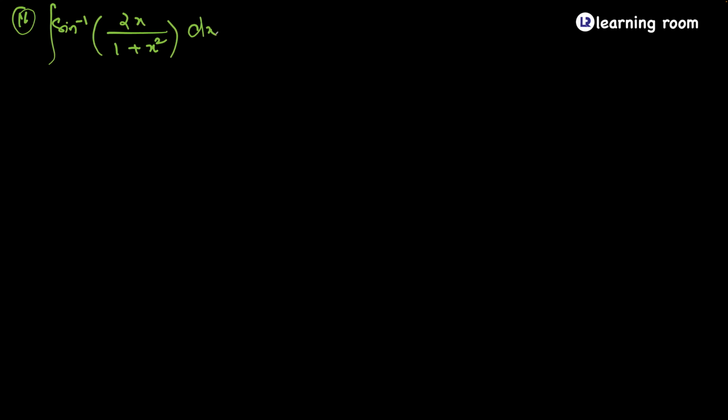Sin inverse of 2x divided by 1 plus x square is 2 tan inverse x, from inverse trigonometric functions. Or you can go with substitution: put x is equal to tan theta, dx will be equal to secant square theta d theta. So the integral of sin inverse of 2 tan theta by 1 plus tan square theta is going to be sin 2 theta, so it will be 2 times theta into dx, which is secant square theta d theta.